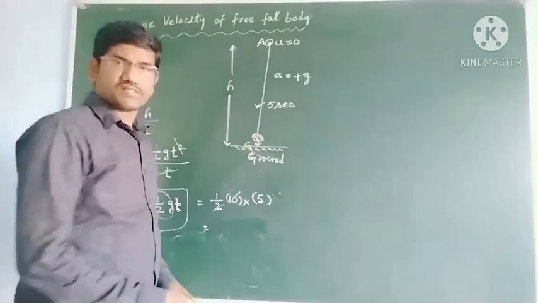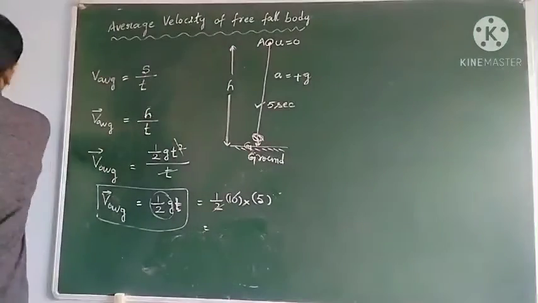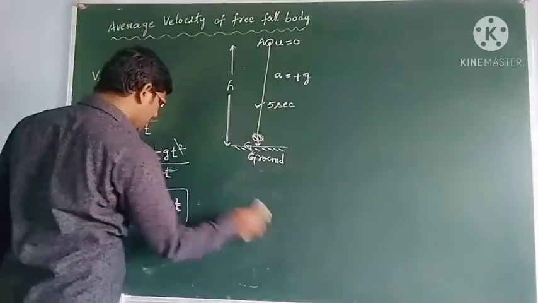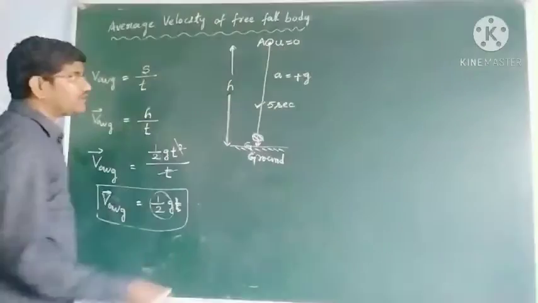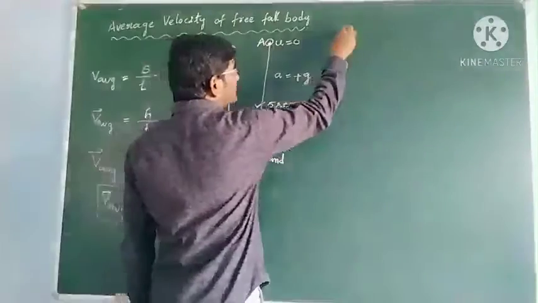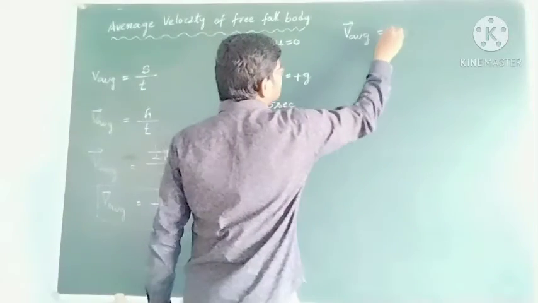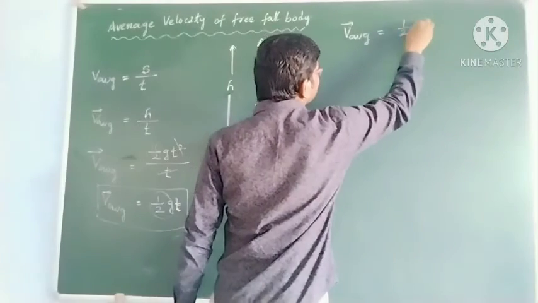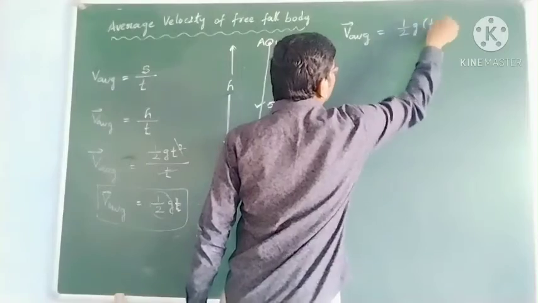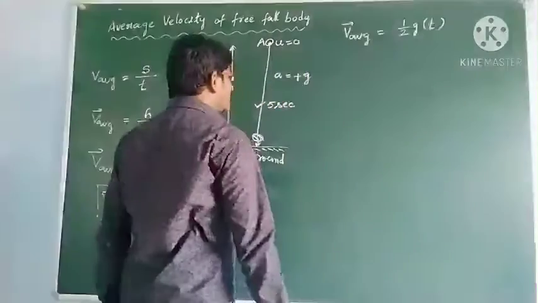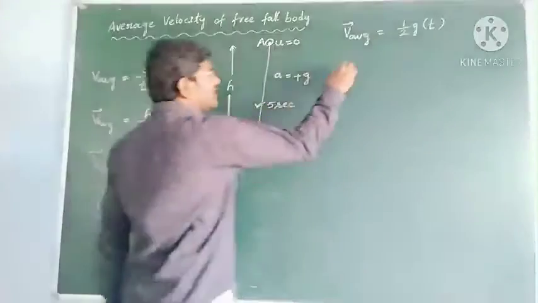See students, we got the formula for average velocity: V average is equal to half gt. Okay, so I want the average velocity after 5 seconds.